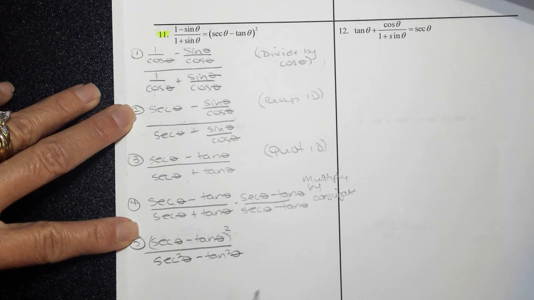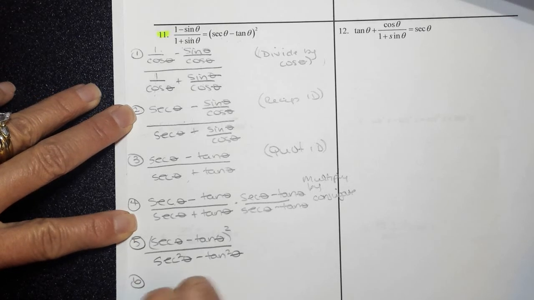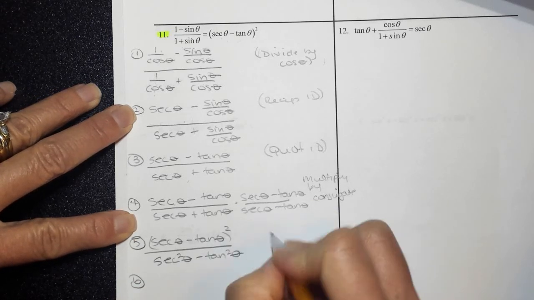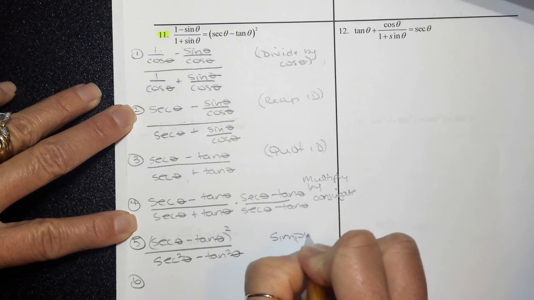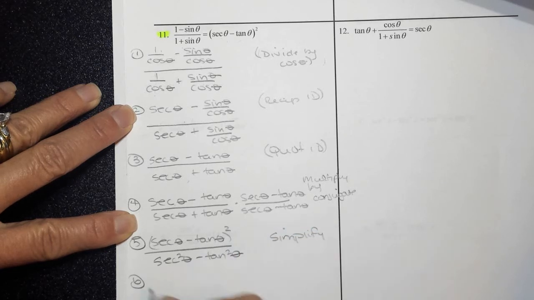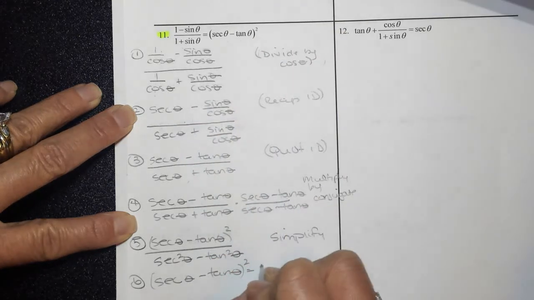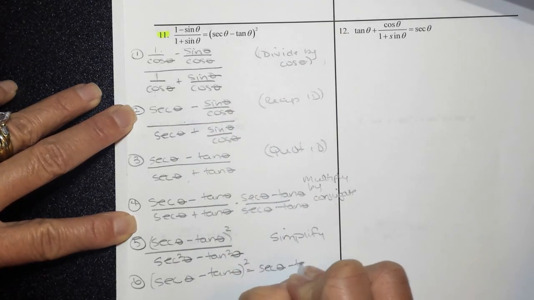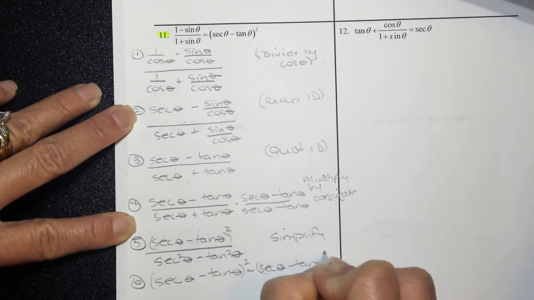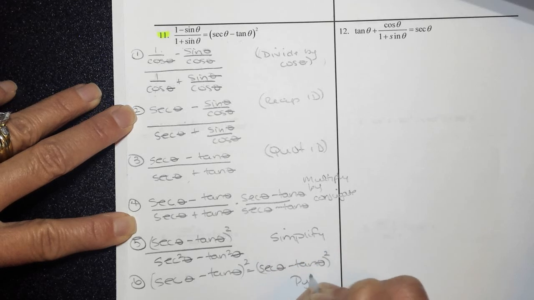I think it is. So now, when I rewrite this, this was just a simplify from here to here. This is secant theta minus tangent theta, squared, is equal to 1, because of the Pythagorean identity.